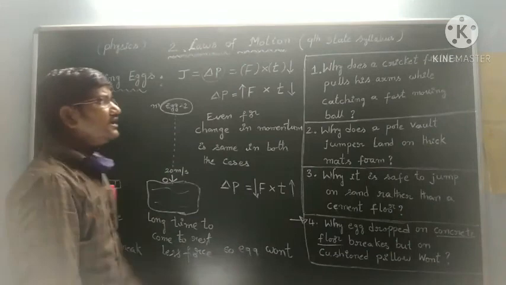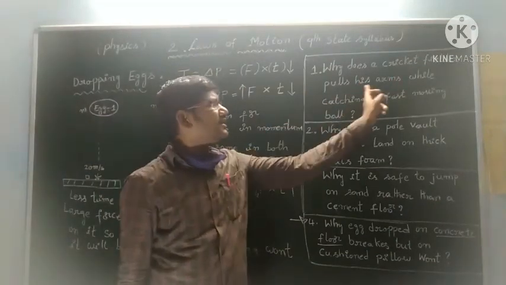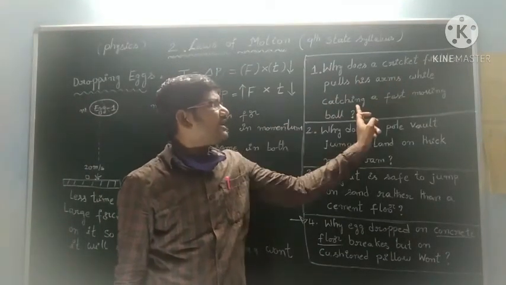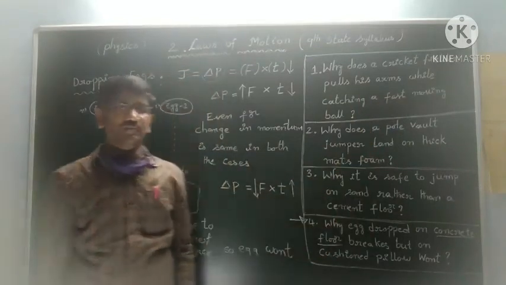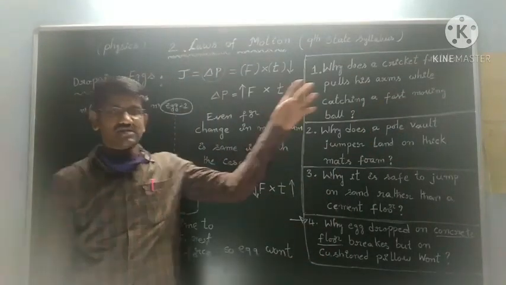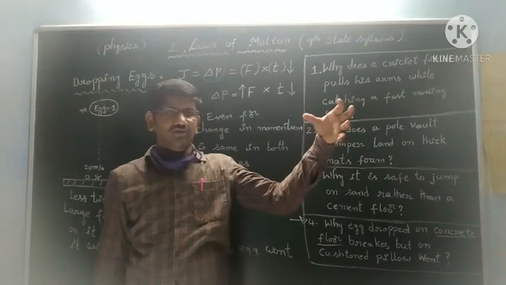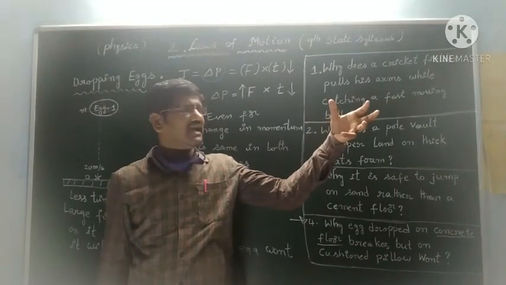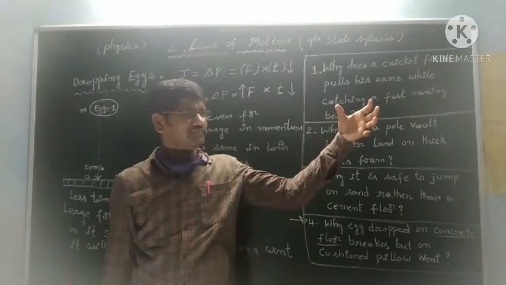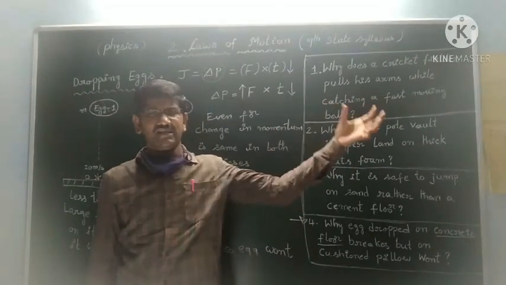And similarly, why does a cricket fielder pull his arms back while catching a fast moving ball? See, the ball is coming with a certain speed. Dhoni or Virat Kohli, somebody has hit the ball hard and it is coming with a greater speed, like a jet.